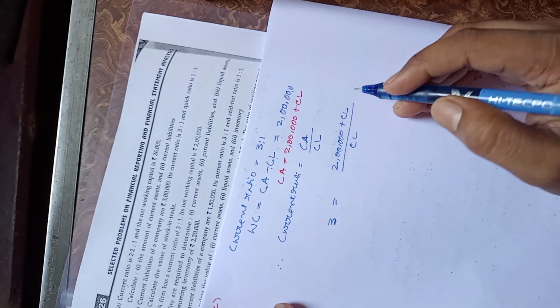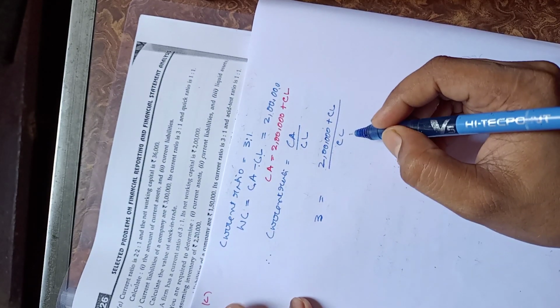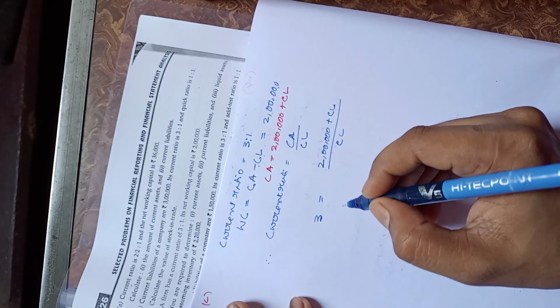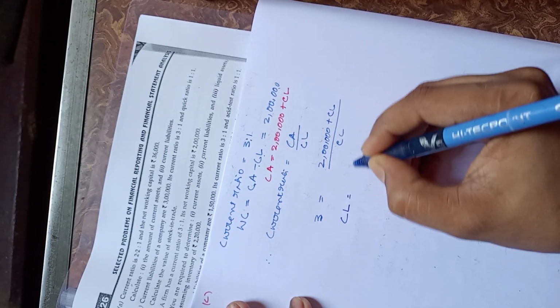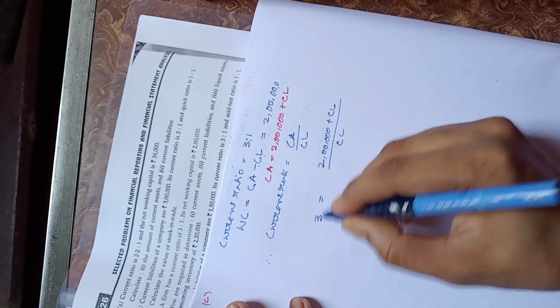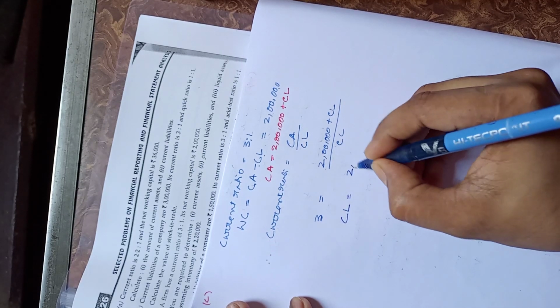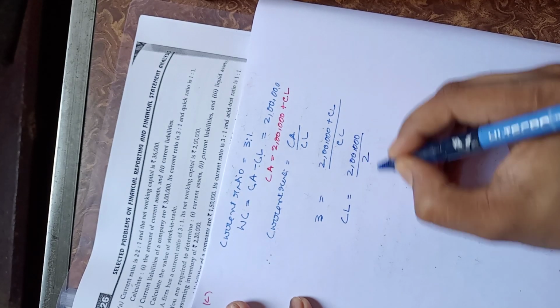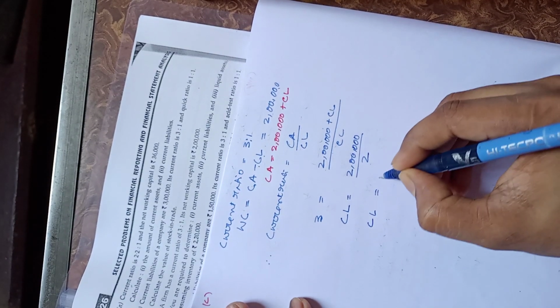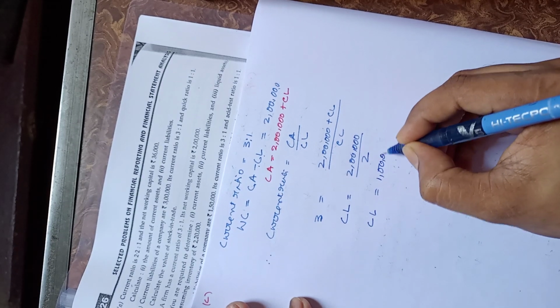Therefore 3CL equals 2 lakhs plus CL, so the current liabilities would be 2 lakhs by 2, that is 1 lakh.